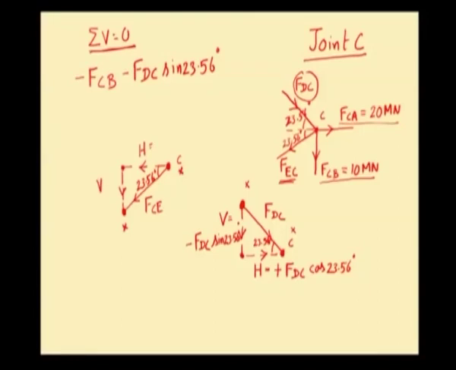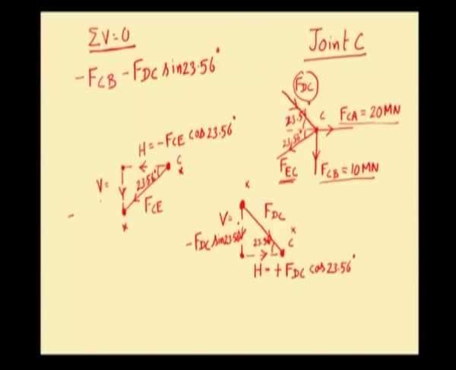Horizontal component of FCE moves towards left. So, it should have a negative sign. Horizontal component will be minus FCE into cos of 23.56 degree. Similarly, vertical component of FCE goes in the downward direction. So, it also has a negative sign.